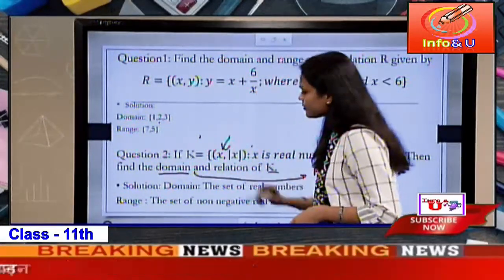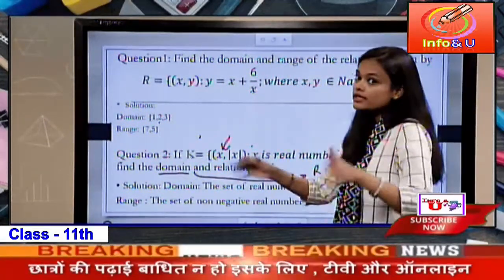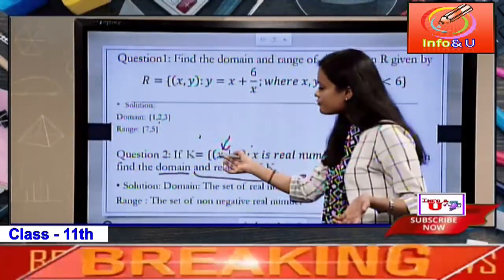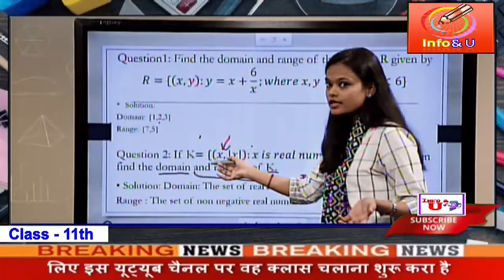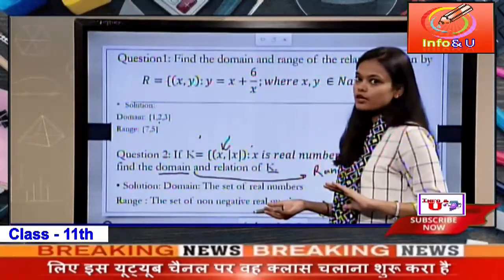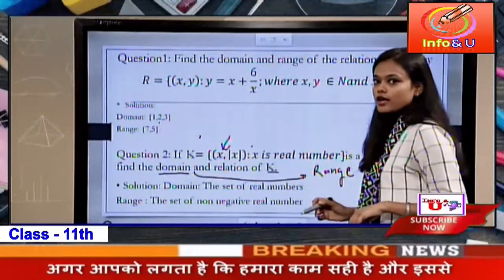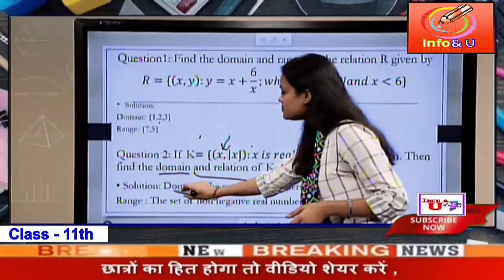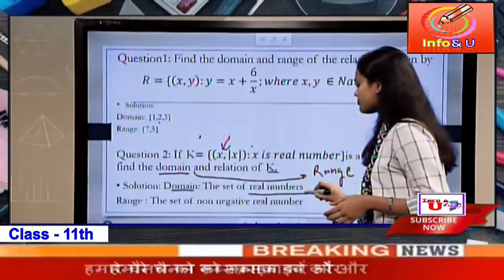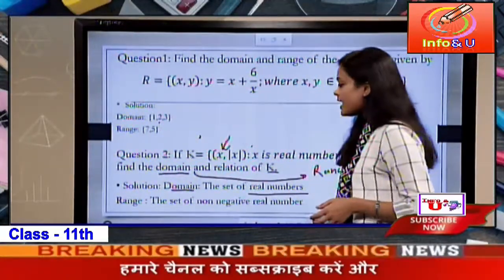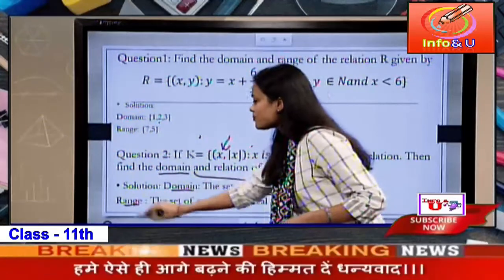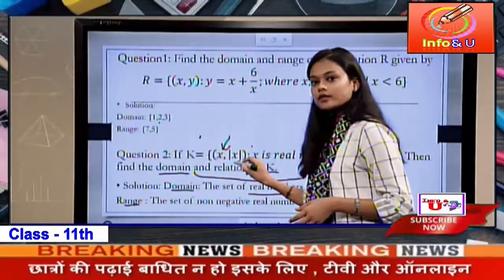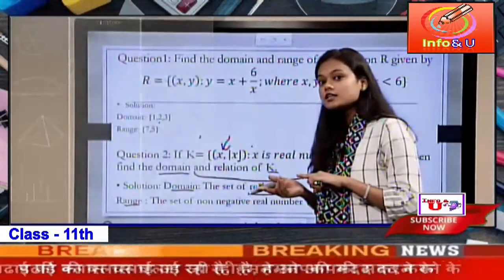K is taking which values? All the real numbers. So what will be the domain? Obviously, for every real number we can find its positive value, and it has an image. So the domain becomes the set of real numbers. And the range, what will be the range? We can see from here the set of all non-negative real numbers.